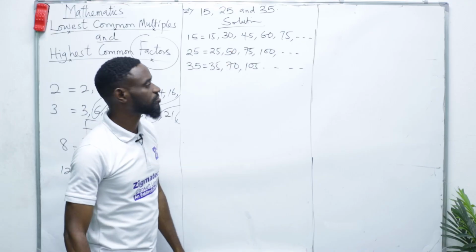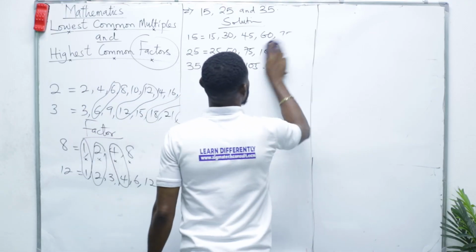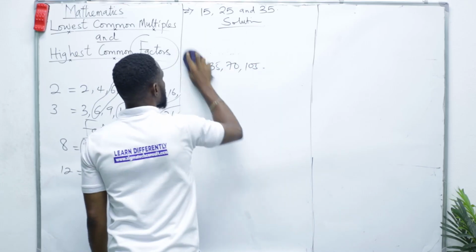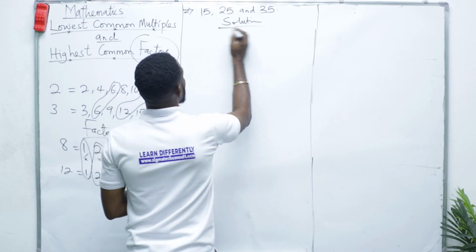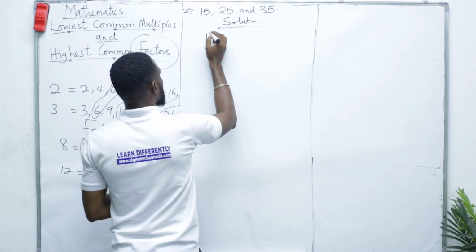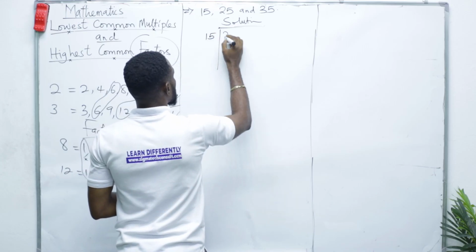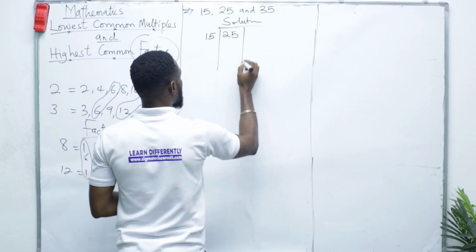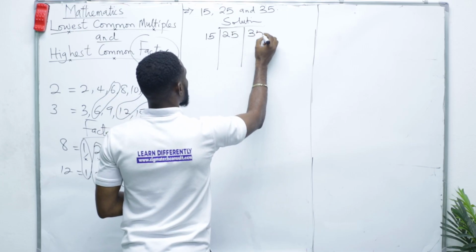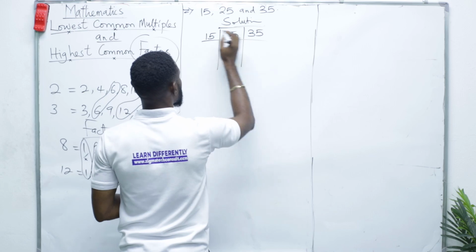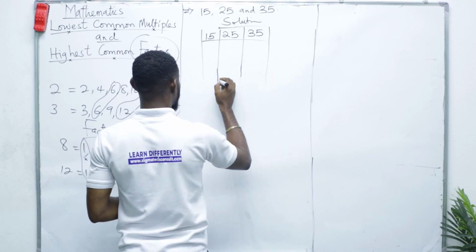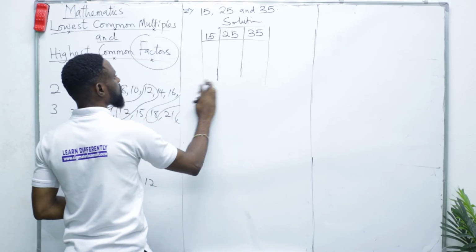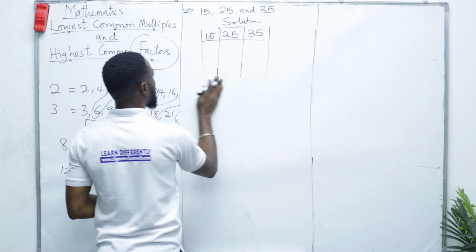This is the easiest way. Put 15, 25, 35 inside a column like this, a table like this, okay?